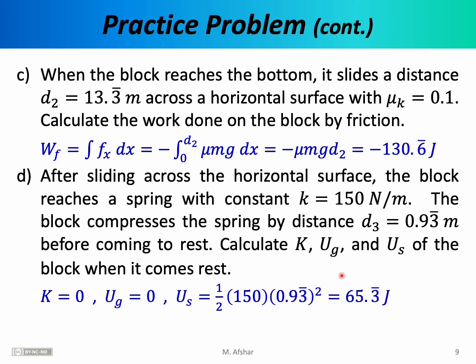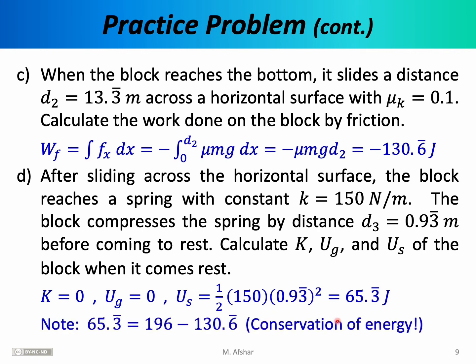This is maybe the hard way to answer this question, but you could have also recognized that we have conservation of energy. At the very top of the incline, the block had 196 joules of energy. When it slid across the floor, it lost 130.6 joules of energy. Remember, we think of friction as basically an expenditure.